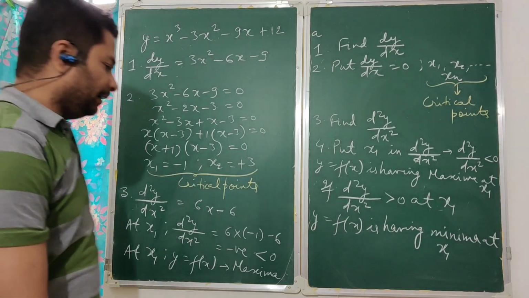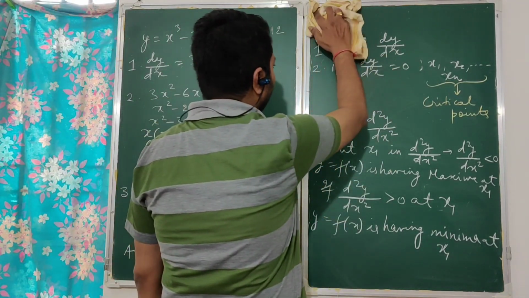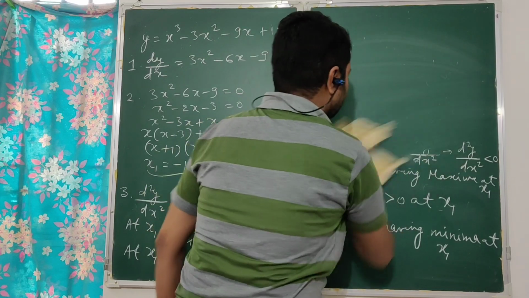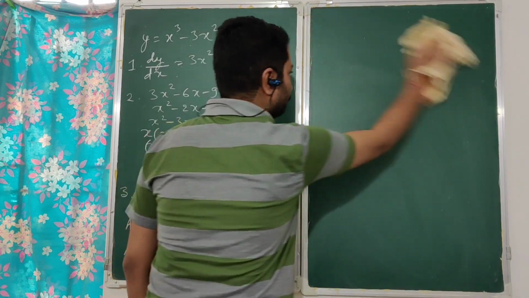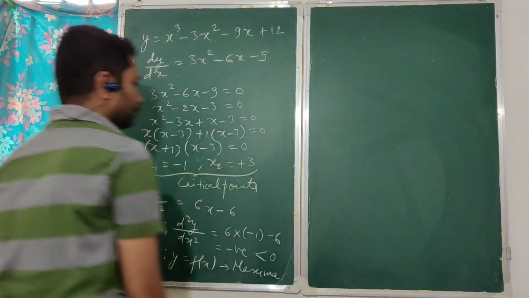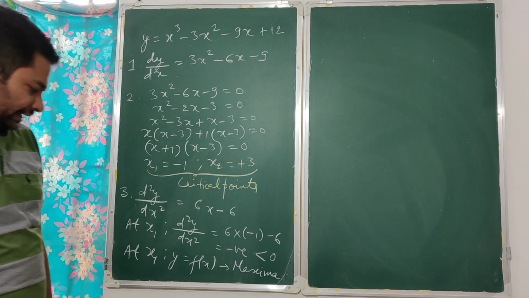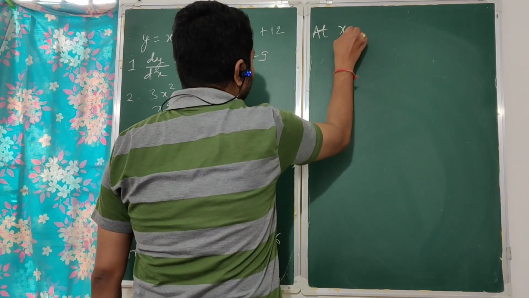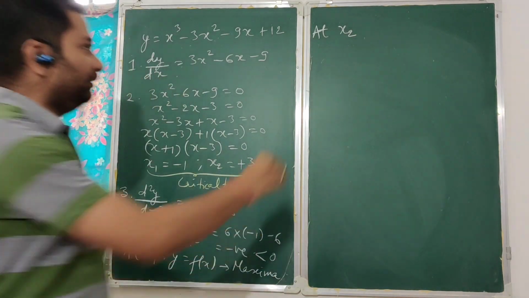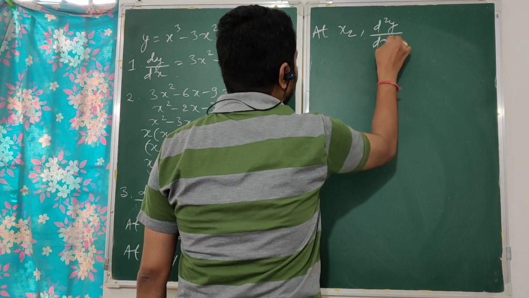Now we will check for another critical point. I am erasing this part. So now if you see it here, at x2, again find the value of d square y by dx square. How much are you getting?